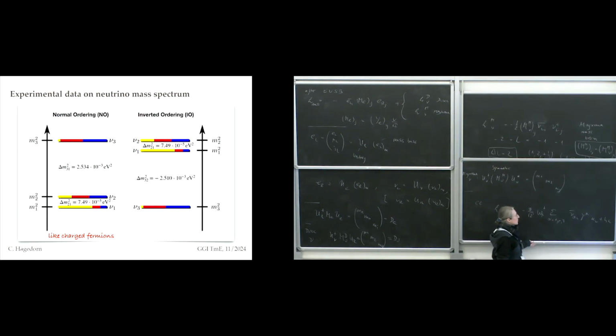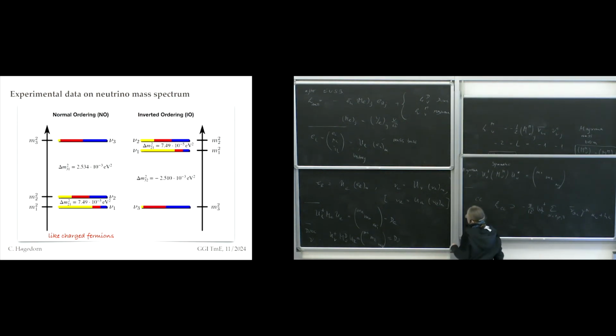What happens if I apply these transformations, in particular this one and this one up here, to this Lagrangian as well? Because I have to. If I do a basis transformation, I have the choice. Either I do it for none of the terms or I do it for all of the terms. We have to do it for these mass terms in order to go to the mass basis. So we also have to do it for the Lagrangian piece here. How does this look in the mass basis? So if we go to the mass basis, what do you get here?